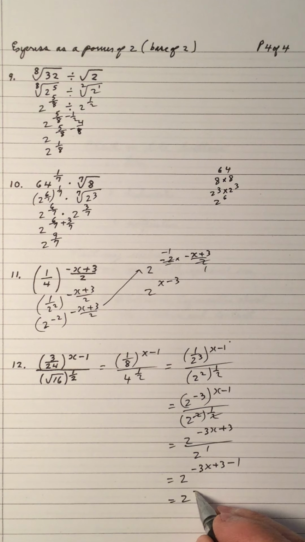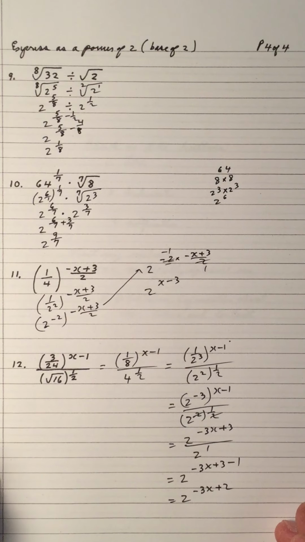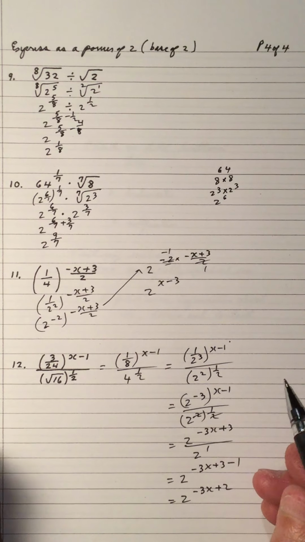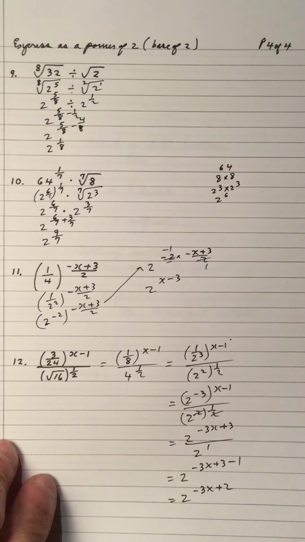So that's 2 to the negative 3x plus 2. Working out the rules, explaining the exponential rules: when you multiply, you add, when you divide, you subtract, and with a power of a power, you multiply. That brings us to the end.